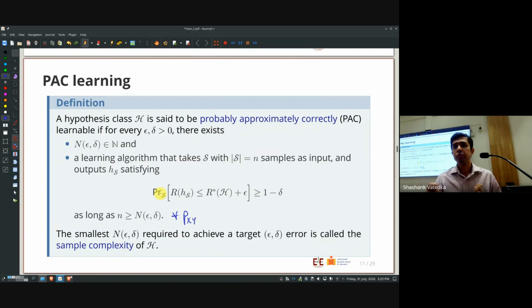And the minimum number of samples in order to achieve a particular epsilon delta error, that's what we'll call the sample complexity of that hypothesis class.